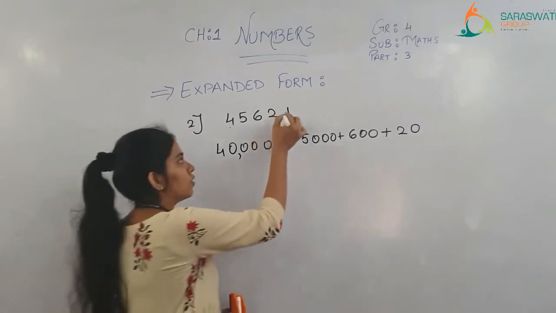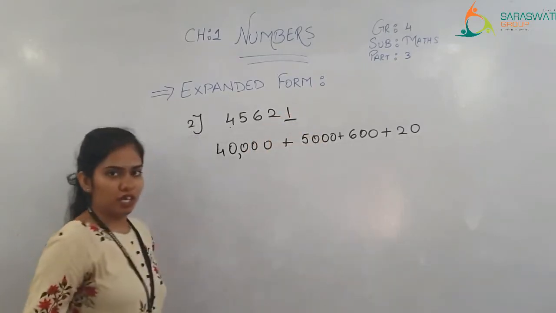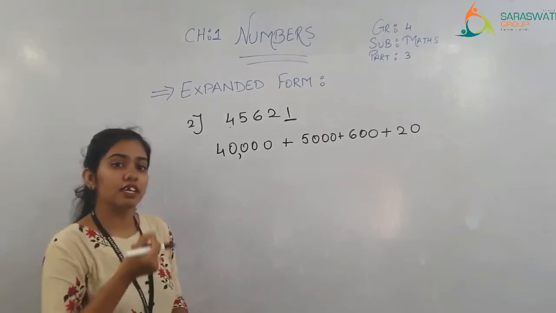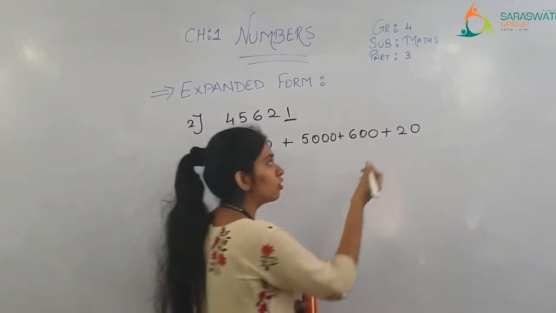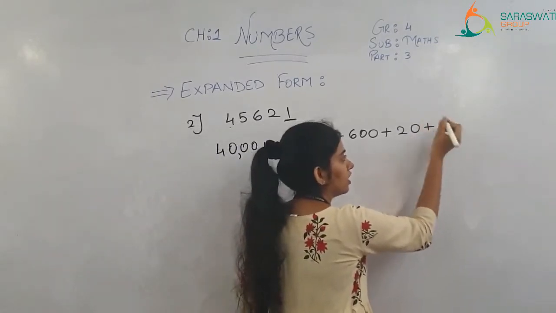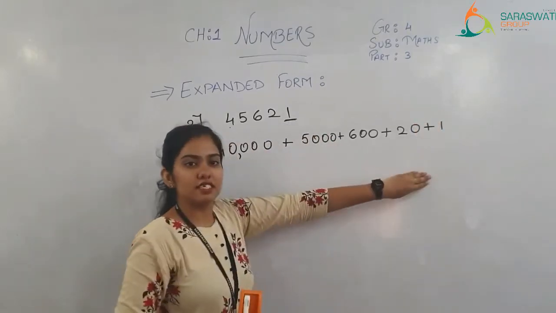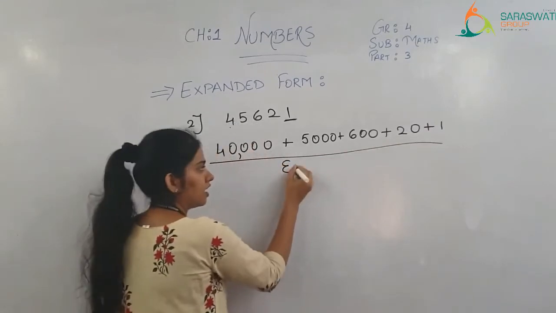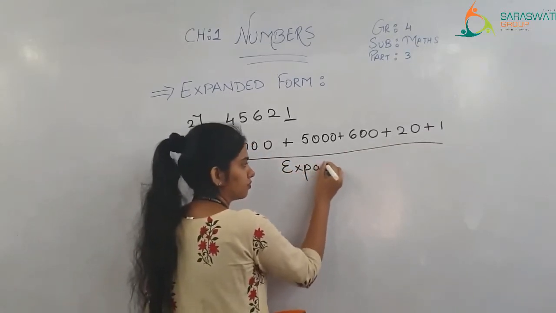And at last, at the ones place there is 1. The digit itself is saying the value is 1, so we are not going to add anything to the 1. We keep it as it is. So this becomes our expanded form.